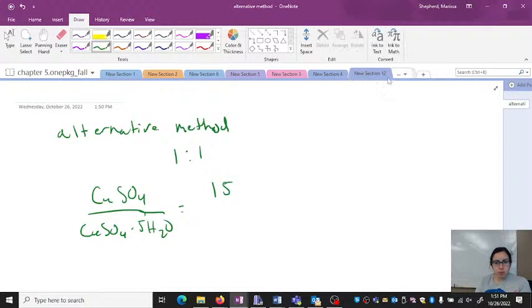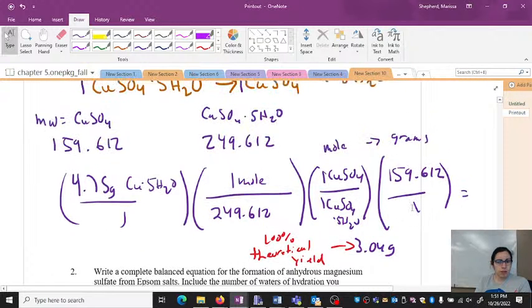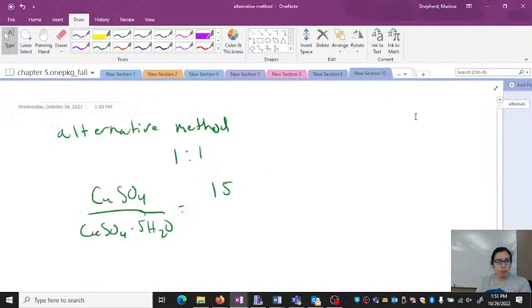And so now I forgot the masses. So we had 159.612 for the regular copper. And then, what was it, 249.612.